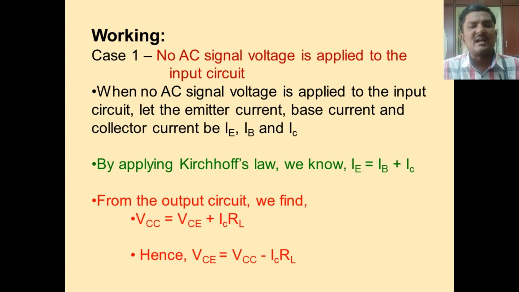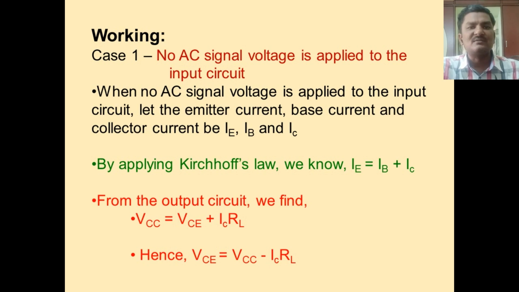According to Kirchhoff's second law, Kirchhoff's loop law, in a closed circuit, the net EMFs can be written. So for the output circuit, we can write VCC equal to VCE plus IC into RL.